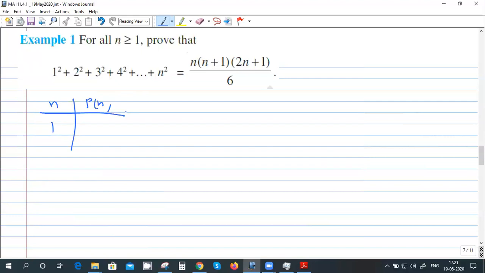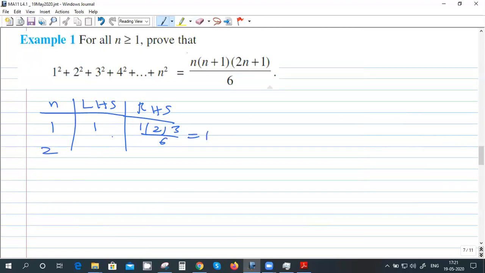What is the left hand side? It's 1, right? The right hand side is 1 into 2 into 3 divided by 6.